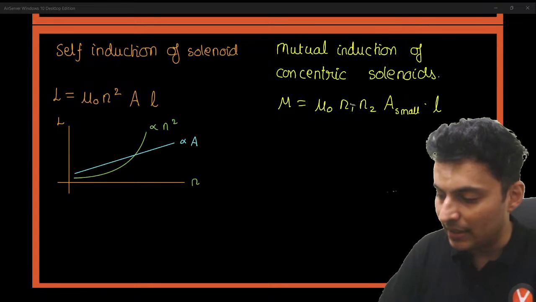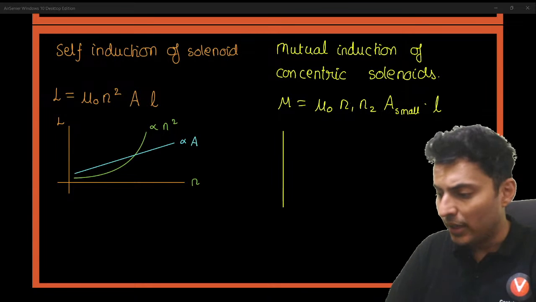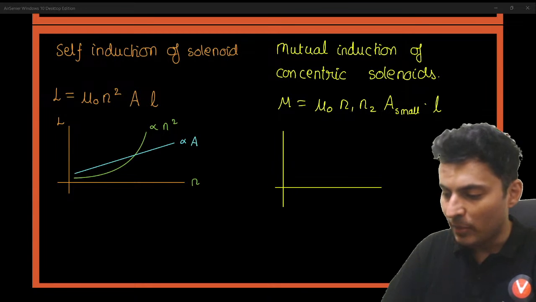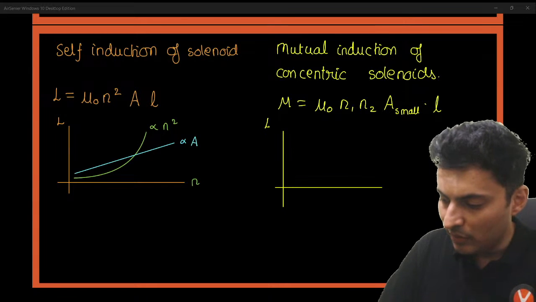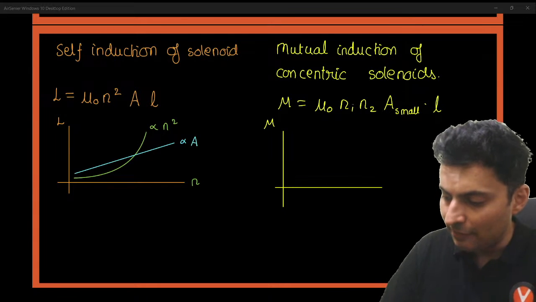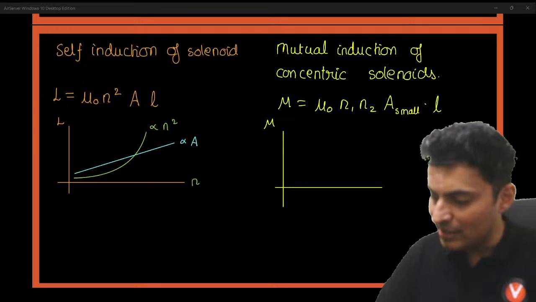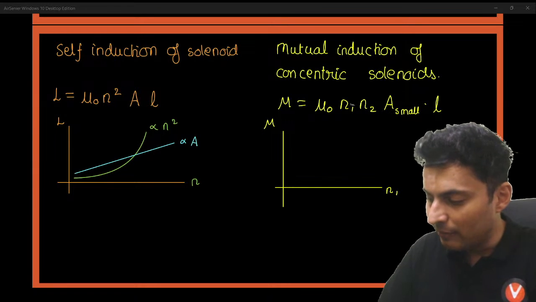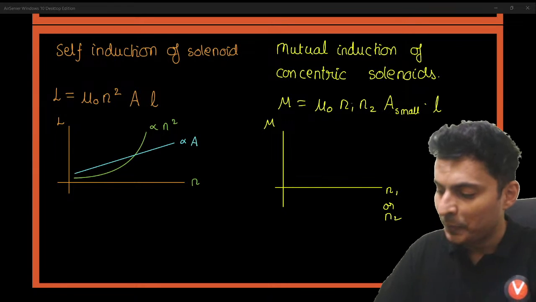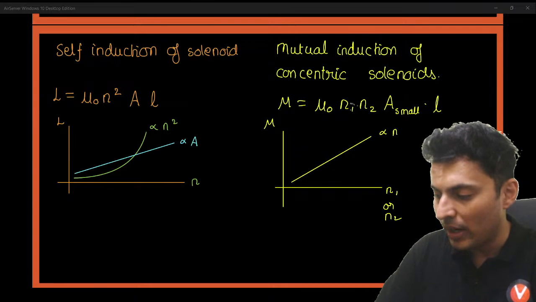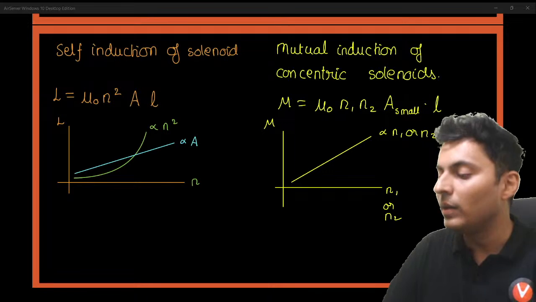As simple as that. Similarly, for the mutual induction coefficient, if the graph is asked for either n1 or n2, it will be just a straight line because it is directly proportional to n1 or n2.